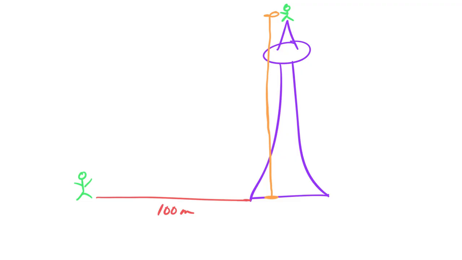We can use a little handheld device called a clinometer or a theodolite, and I can read through that device what is the angle that I create from the ground as I rotate up and hit the top of that object? And when I read that angle, maybe it says, hey, that's 70 degrees.